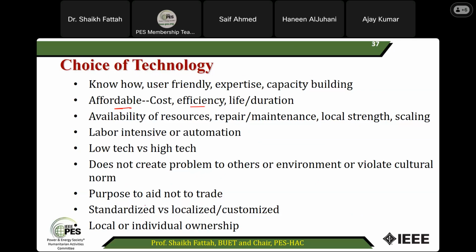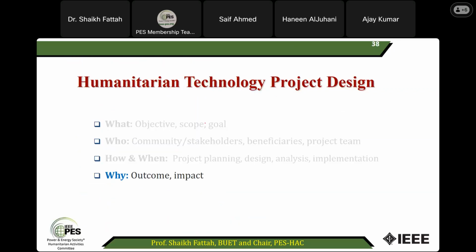So it's not necessarily true that high tech is always a good thing. You have to think about a technology which can easily be implemented and can be absorbed by the community. They can take care of the extension as well as maintenance of the technology. That is important. Otherwise, it will not be sustainable.